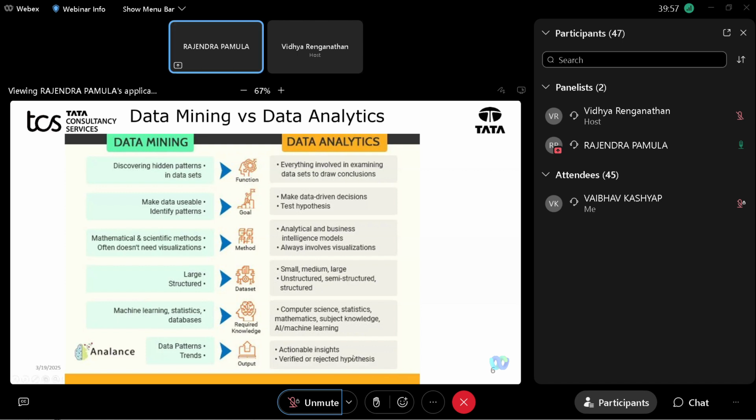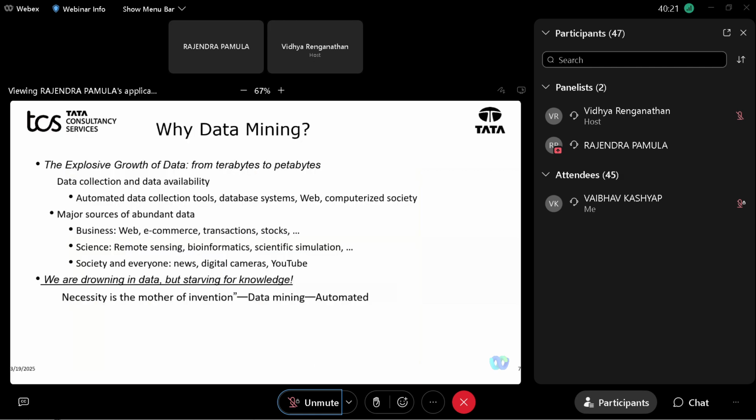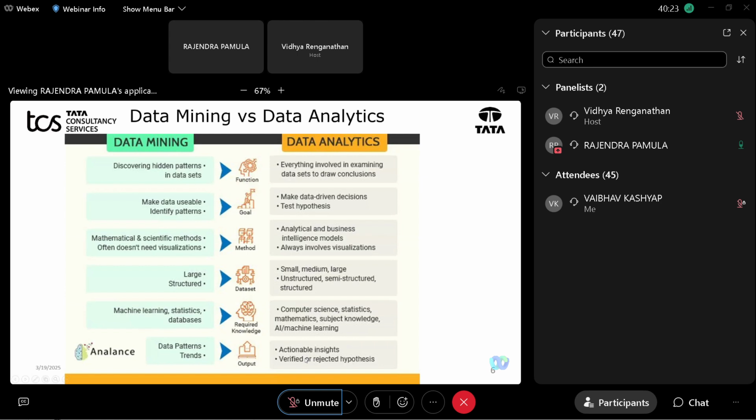So whether the result is an actionable insight. That means, okay, when can we conclude that he will be the right leader. So now, did you understand the difference between data mining and data analytics?